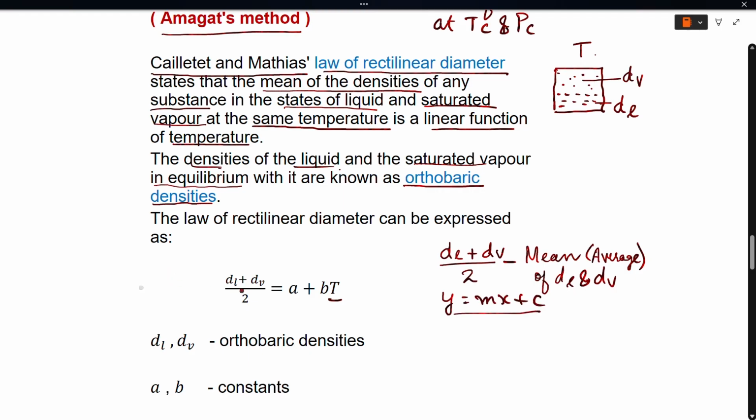In a similar way, dl plus dv by 2 is equal to a plus bT, where T stands for the variable x and this stands for the y, and this will be the y intercept. So this is an equation for a straight line, and therefore it is a linear function of temperature.